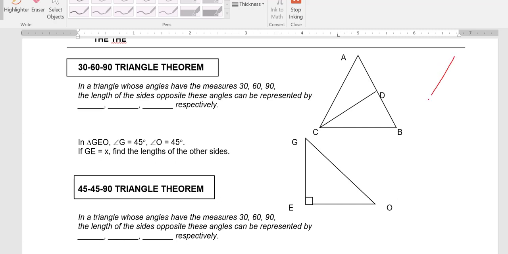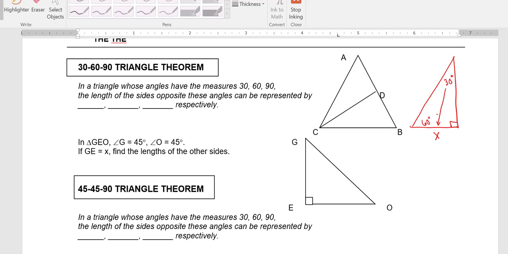So if I have a right triangle and one of the angles is 30, which makes the other one 60 degrees, then the side that's opposite of the 30, we'll call that x.